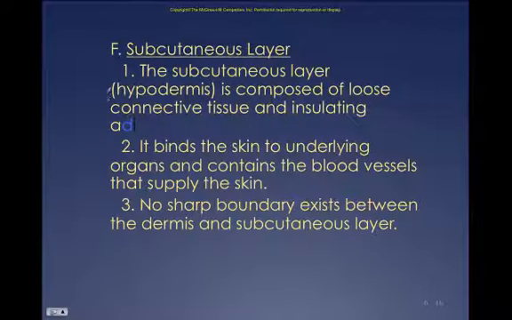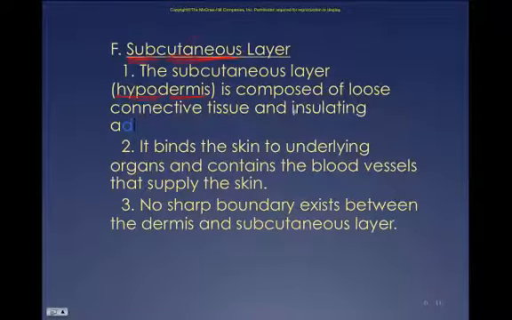Okay, so subcutaneous literally means below the cutaneous membrane, or below the dermis and epidermis. The epidermis and dermis are what make up the cutaneous membrane. Okay. So the subcutaneous layer is also called the hypodermis, hypo being below and dermis, so the layer below the dermis.